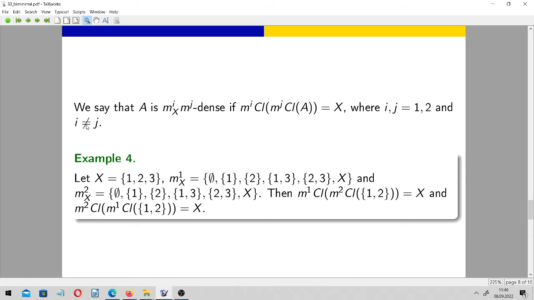But it doesn't mean that those minimal structures are necessarily different. It is possible that M1 equals M2; in fact, it collapses to a single minimal structure then.